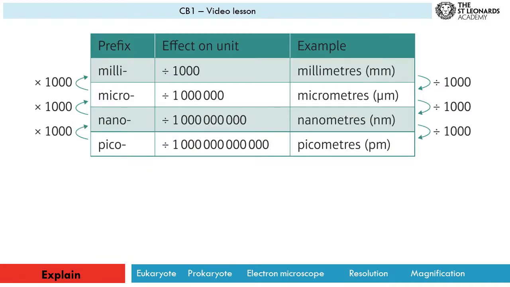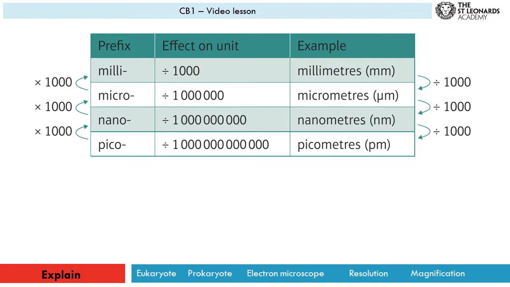When working with microscopes, we're talking about numbers that are really, really small. So rather than talking about things that are 0.003 of a millimetre long, we use other units, and the units we use tend to be micrometers and nanometers. When we're talking about the organelles in a cell, or cells themselves, we're usually measuring them in micrometers. Now, a millimeter is 1,000 times smaller than a meter.